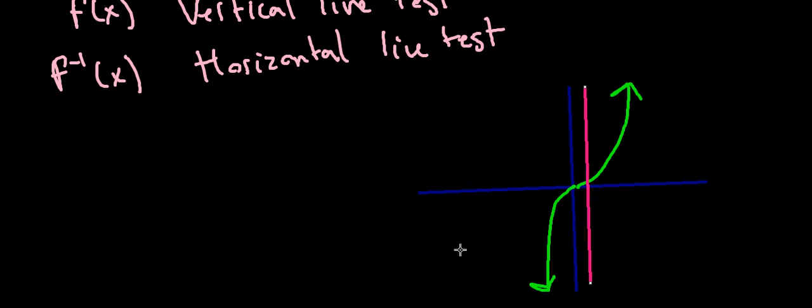It would be 1 to 1. And if we did the horizontal line test, we could also see that it's a function, because it would only cross one time going horizontally. So that's a quick test to see on a graph if something is a function and an inverse function.